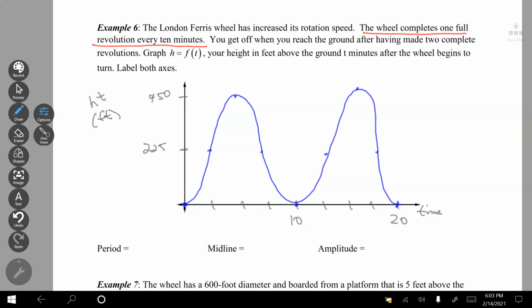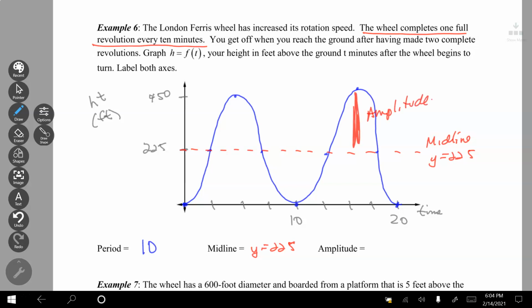The period we already discussed was 10 minutes. The midline is right here in the middle, which we talked about before, y equals 225, and the amplitude, which is right here, that we discussed on the other page, was also 225.